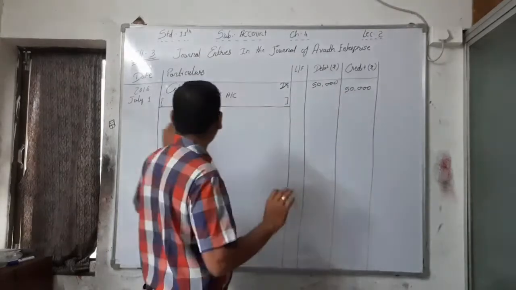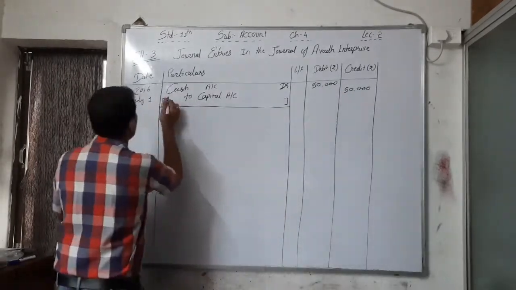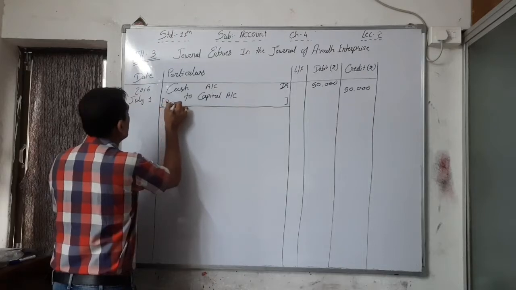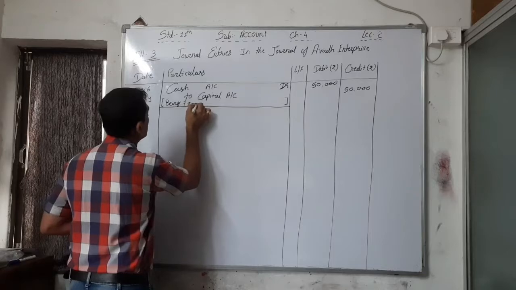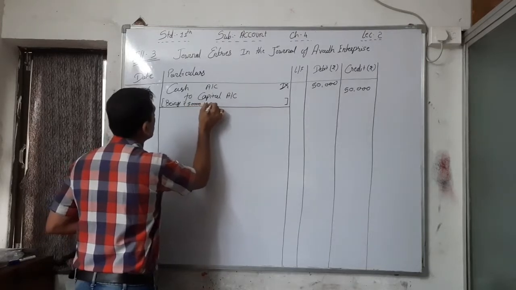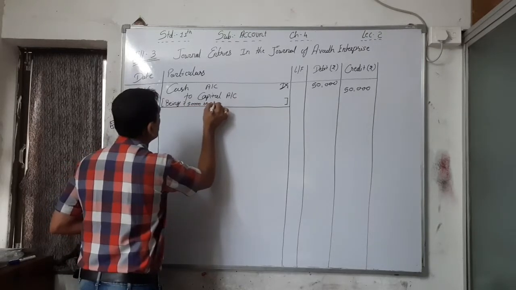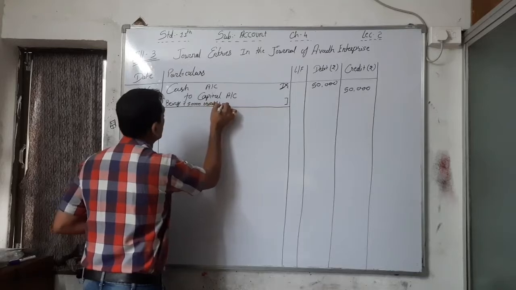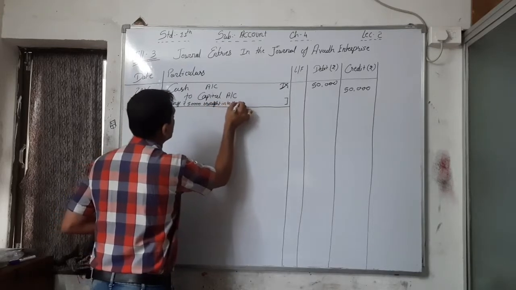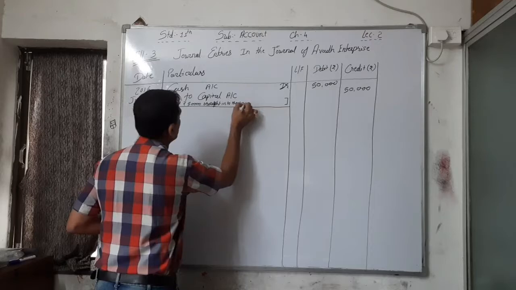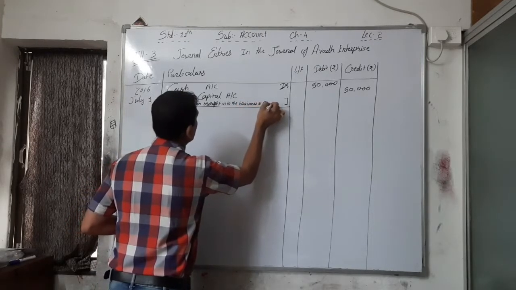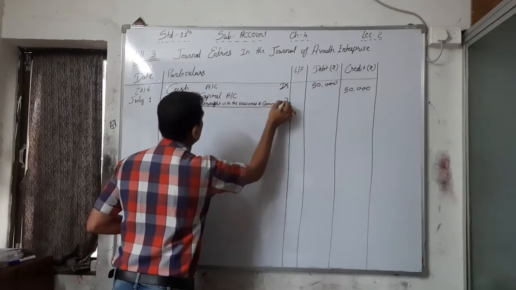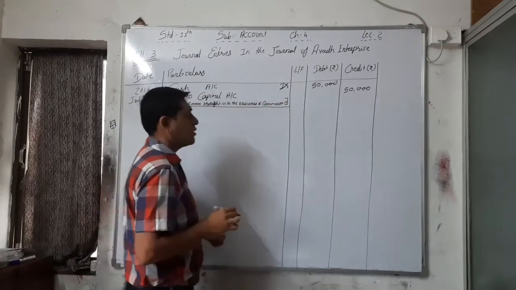And then we have to write a "being", that is the narration: being rupees 50,000 brought into the business and commence the business. That is the narration.